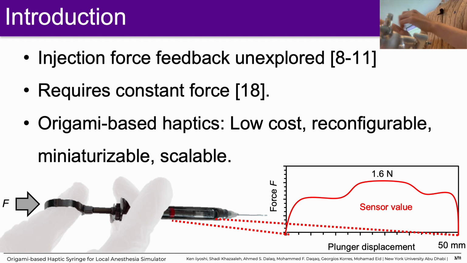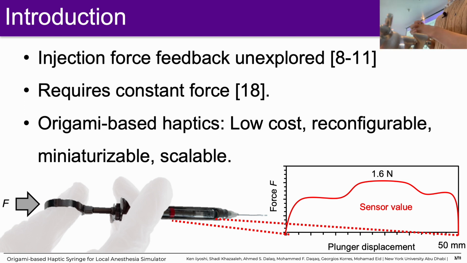Some existing works try to do this through haptic devices. It has been quite limited in the sense that it's either putting an actual cartridge syringe onto a digital magic touch device, or just using a VR simulation with hand controllers with buttons and such.